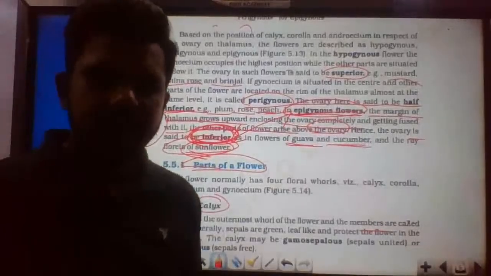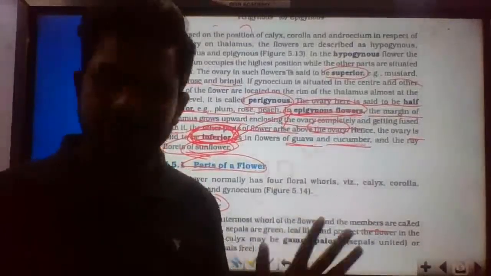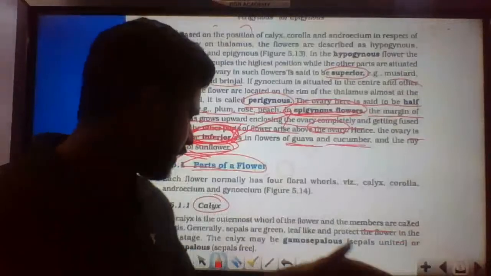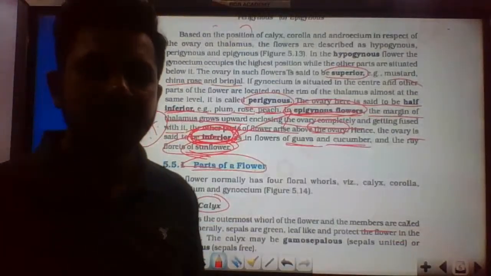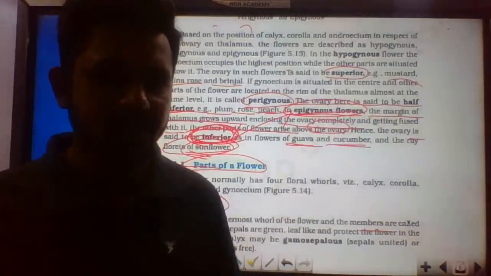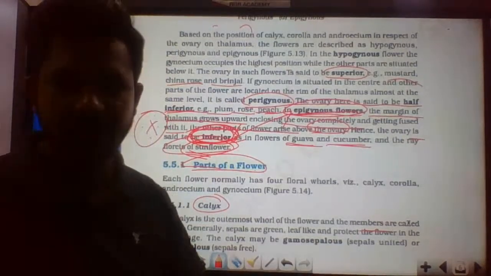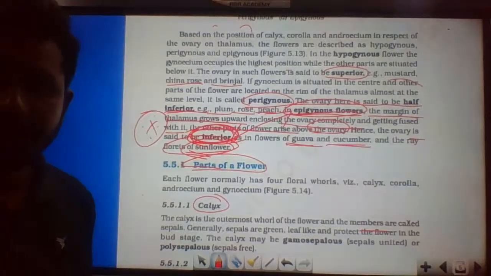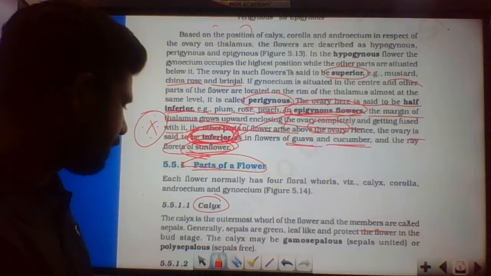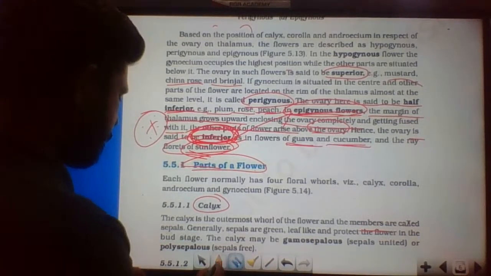There are no examples given under calyx and corolla, but there are some very important terminologies, gamosepalous and polysepalous. Let me discuss them one by one.